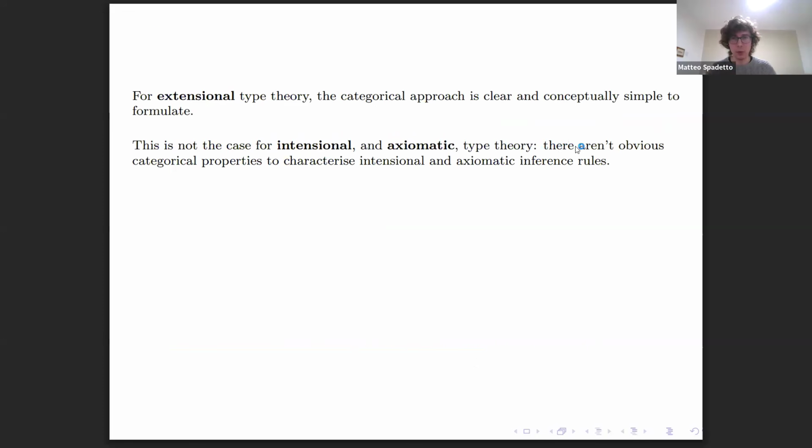In the sense that, as I was saying, there aren't obvious one-dimensional categorical properties to talk about intensional and axiomatic identity types.